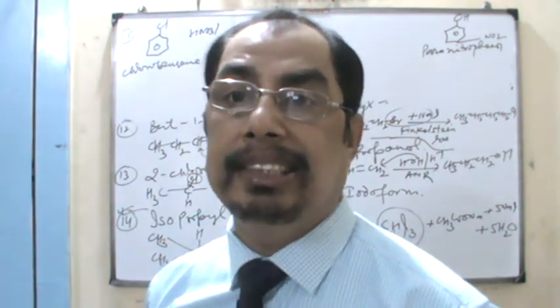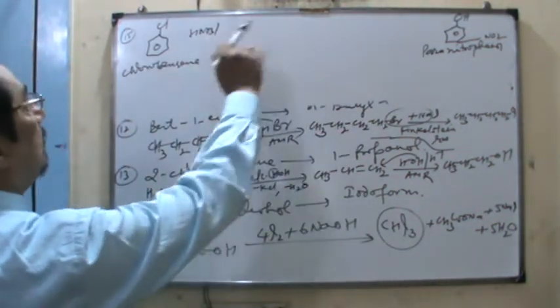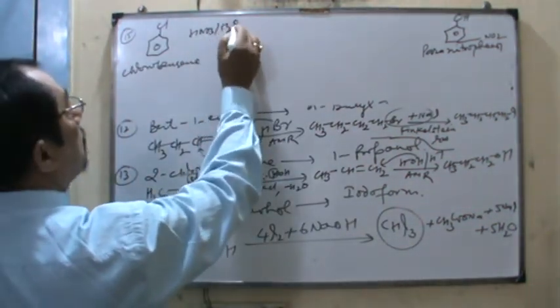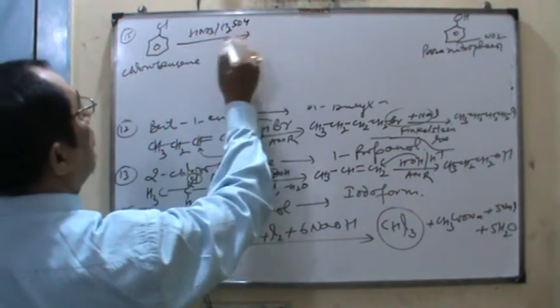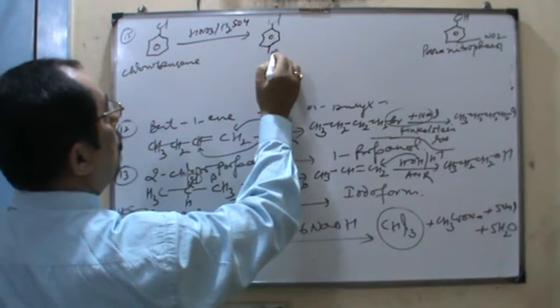That's why it is essential to carry out the reaction with the help of HNO3 as well as H2SO4. First you get the nitration reaction, and the nitro group is at the para position.